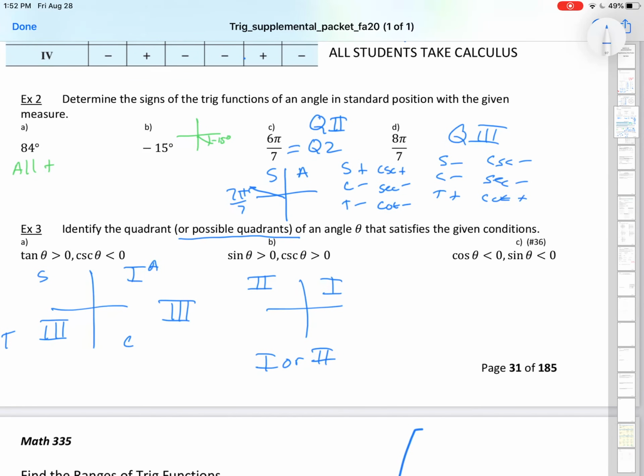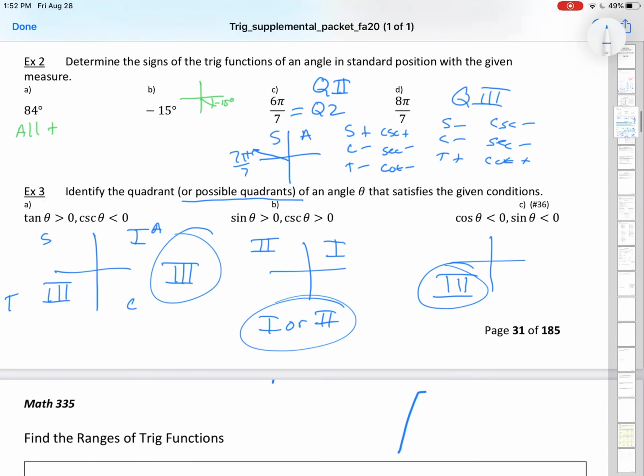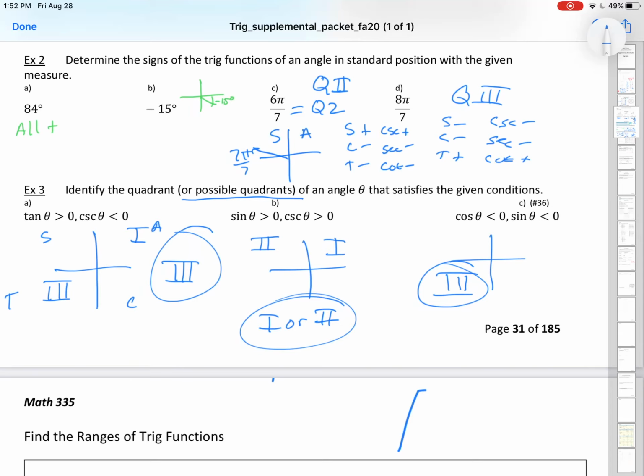Cosine's negative and sine's negative. Well, sine's negative in quadrant 3 and in quadrant 4. And cosine's negative just in quadrant 3. So it's quadrant 3 in there. And so quadrant 3, 1 or 2, and quadrant 3. And we're just running through the all students take calculus.